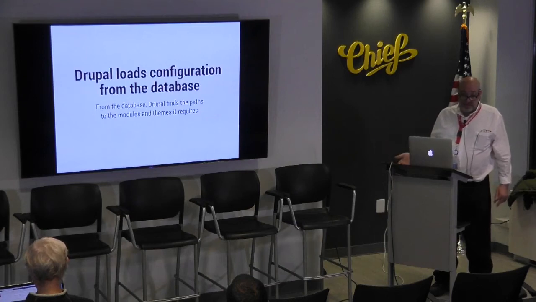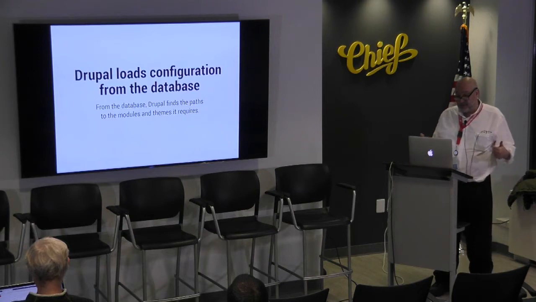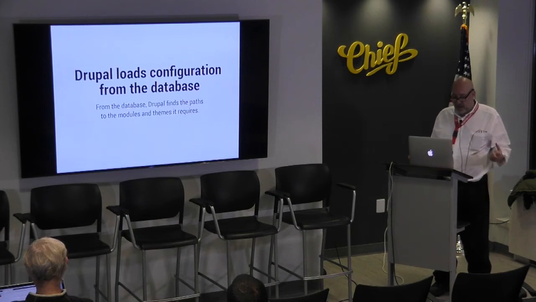That's all stored in the database, and that's why Drupal needs to make that database connection first, because it needs to parse out these aliases and convert them into a number.